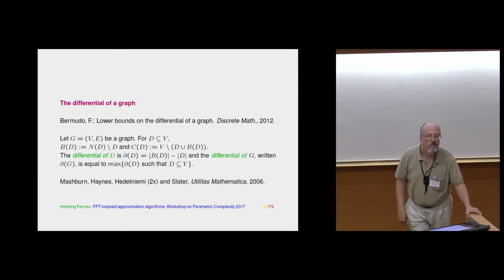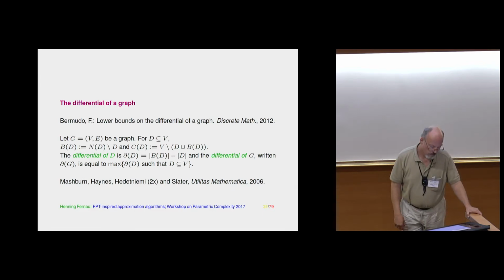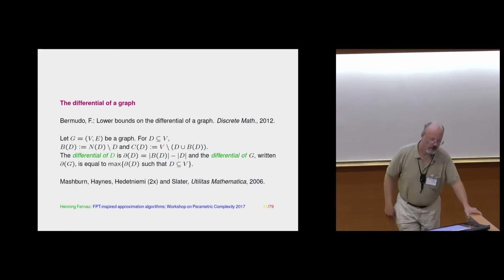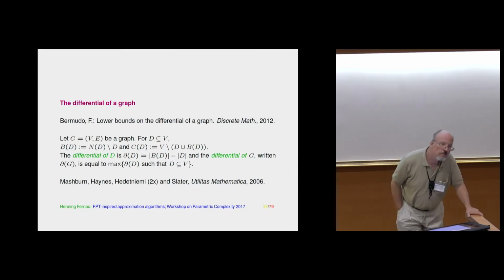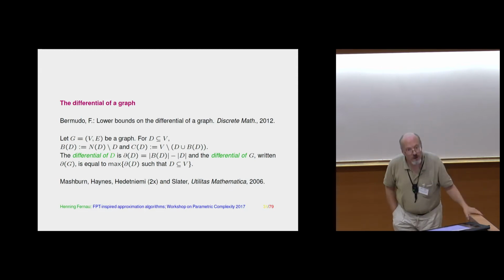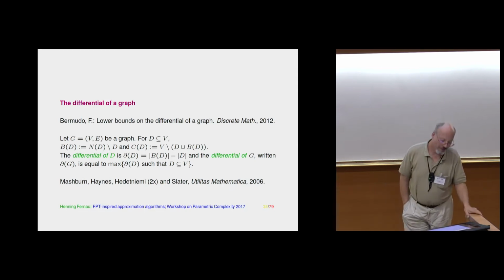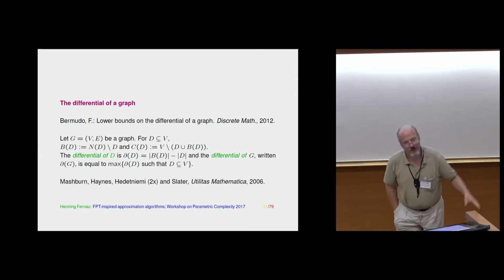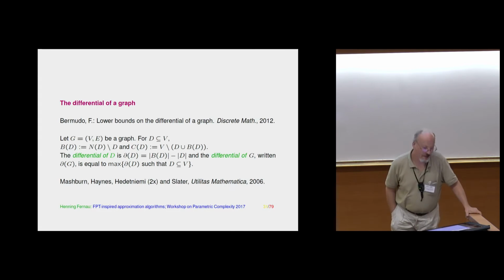If I have a dominating set of size k, is its differential always going to be n minus k? By definition, the influenced vertices are just the remaining ones, so that's n minus k.